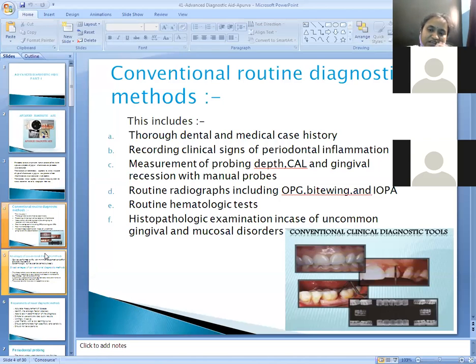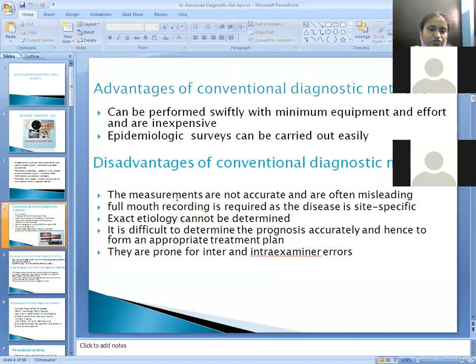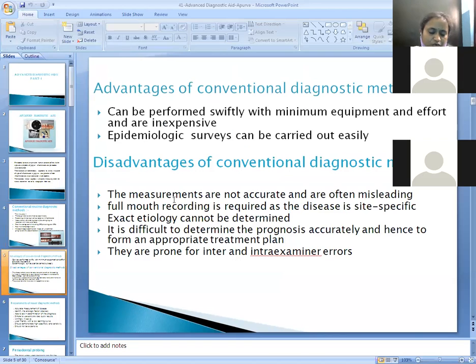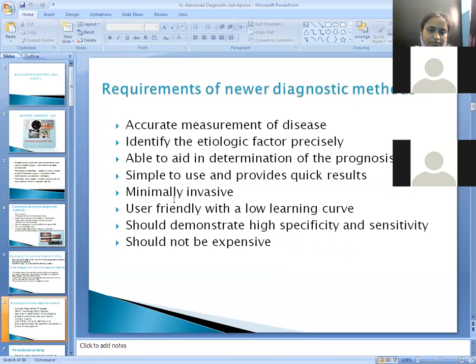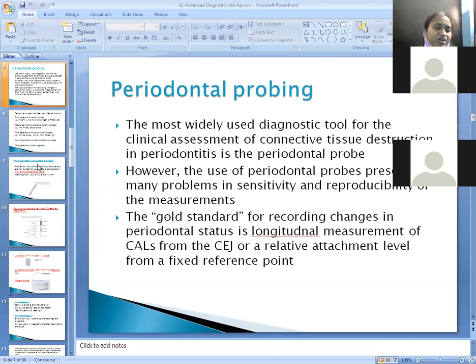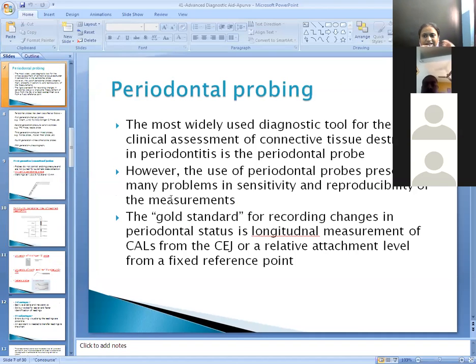So manual, any one of you can tell me which are the manual probes which we use in your OPD area? Which periodontal probes we use? Various manual probes are there.